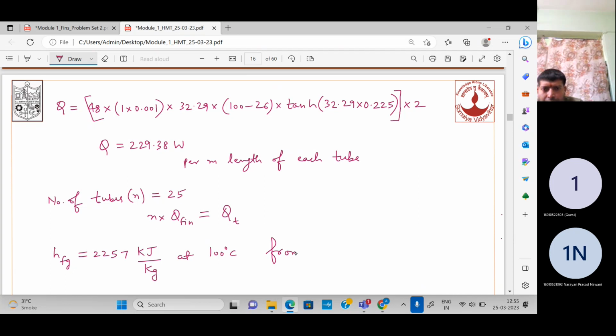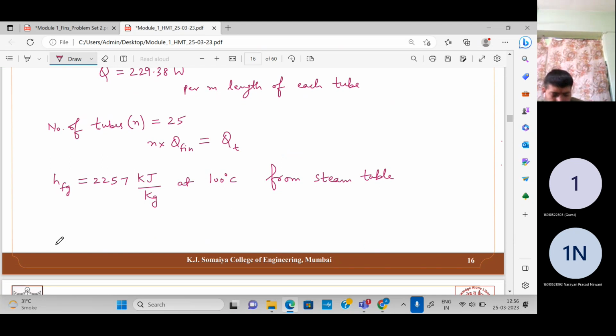Either the steam table will be provided to you or the value will be mentioned in the problem itself.